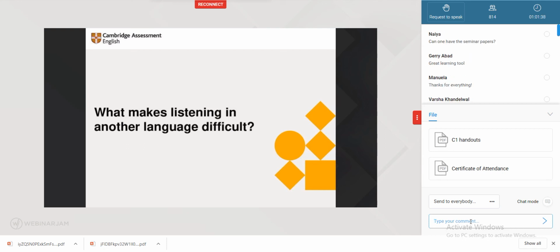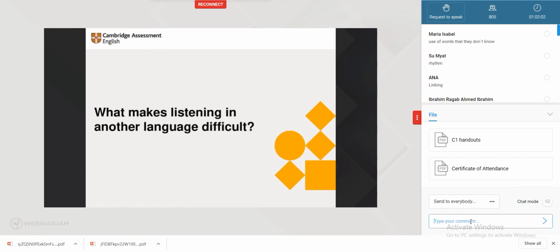Okay. So what makes listening in another language difficult? Very quickly in the chat box. What makes listening in another language difficult? Rhythm. Okay, interesting, Olga. Yeah, intonation.